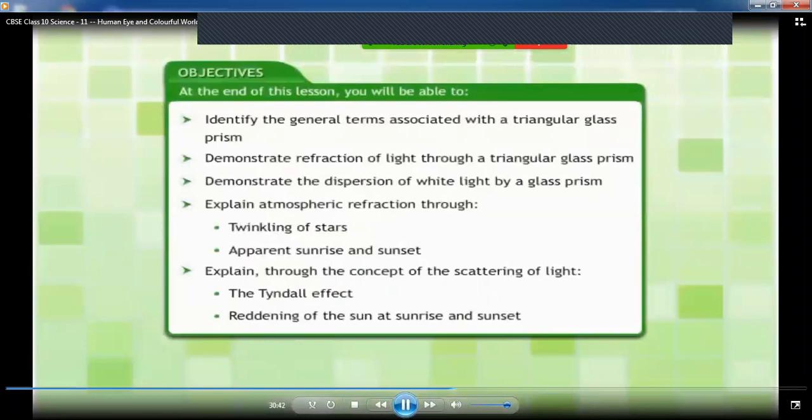At the end of this lesson, you will be able to identify the general terms associated with a triangular glass prism, demonstrate refraction of light through a triangular glass prism, demonstrate the dispersion of white light by a glass prism, explain atmospheric refraction through twinkling of stars, apparent sunrise and sunset, explain through the concept of the scattering of light, the Tyndall effect, and reddening of the sun at sunrise and sunset.